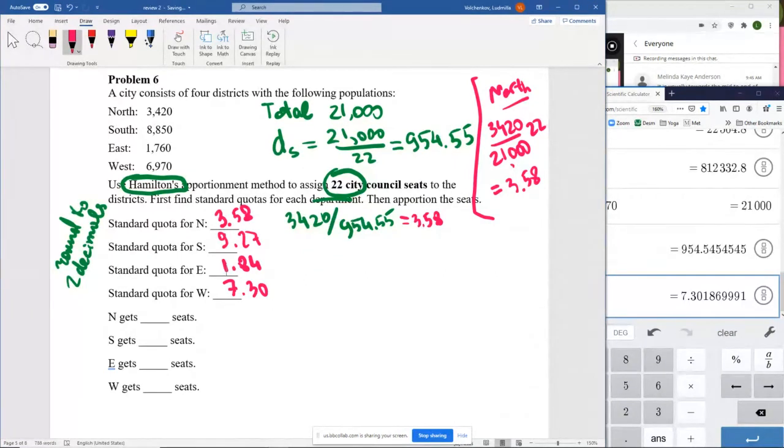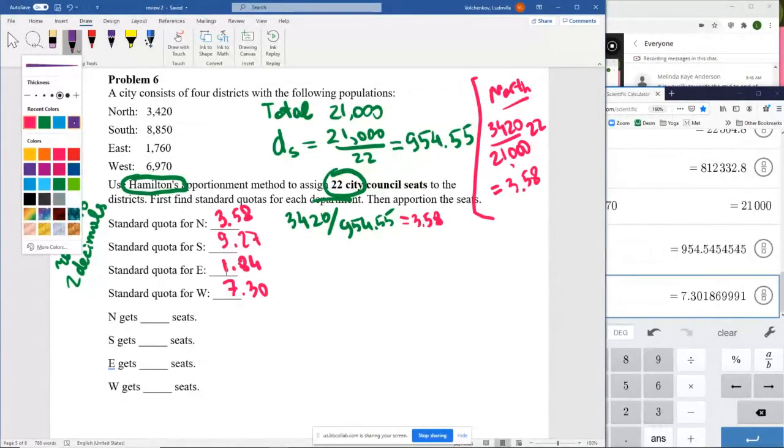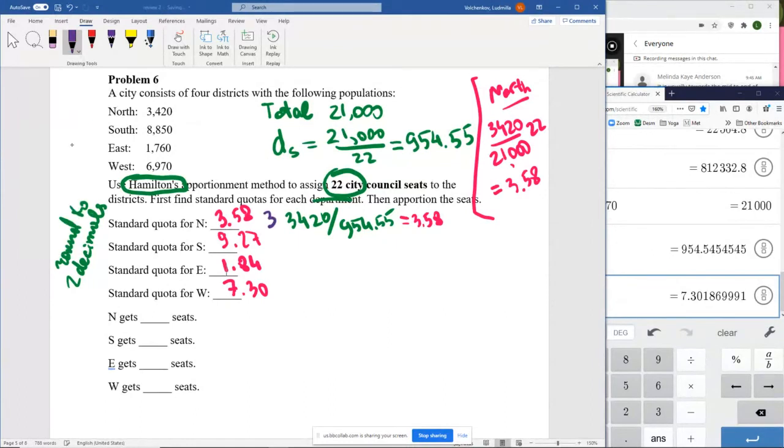The next step in the Hamilton apportionment method is to apportion the lower quota, or the integer part. So we apportion the integer parts. It will be 3 for North, 9 for South, 1 for East, and 7 for West.